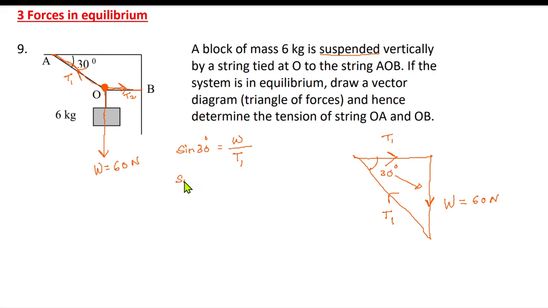So sin of 30 degree equals 60 divided by T1. Hence my T1 equals 60 divided by sin of 30 degree. Okay, so that shall give you 120 Newton.